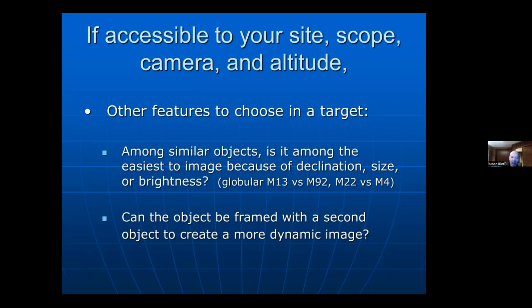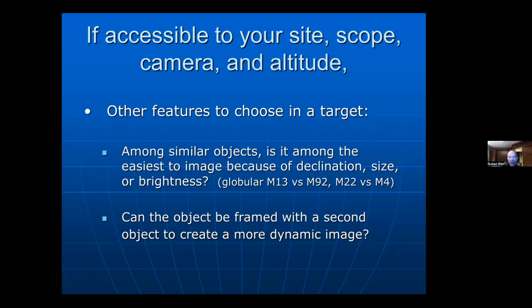Well, M13 is brighter. It's going to be easier to image. Same thing about M22 versus M4, lower in the sky, down near Sagittarius and Scorpio. Which are you going to choose? Go for the brighter one. Go for the higher one.